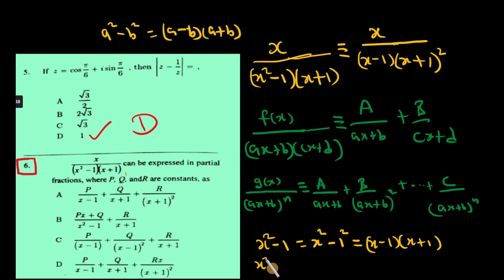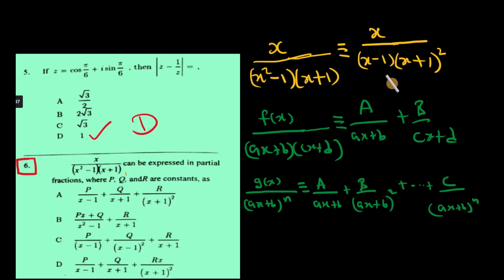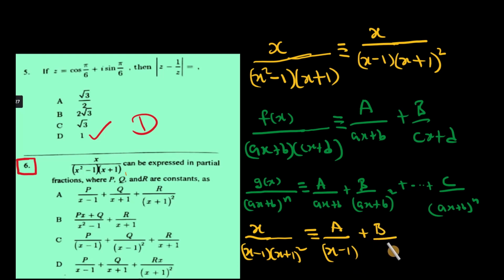Now you see that x squared minus 1 times x plus 1 is the same as x minus 1 into x plus 1 times x plus 1. X plus 1 times x plus 1 is x plus 1 squared, giving this. Since this one is equal to this one, it means that we can express this fraction in partial fractions using these two formulas. That is x all over x minus 1 into x plus 1 squared is the same as A over x minus 1 plus B over x plus 1.